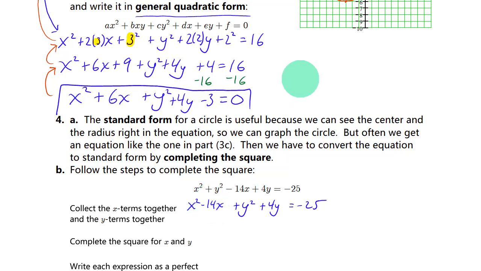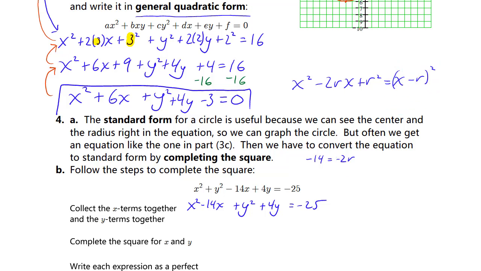So I'm going to write this out again here just to see it. We have x squared minus 2rx plus r squared. We want to turn it into x minus r squared here. But that negative 14, I'm going to work this out on the side, is the negative 2r part.